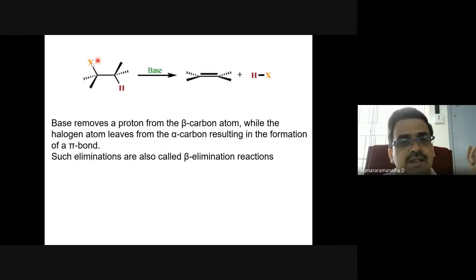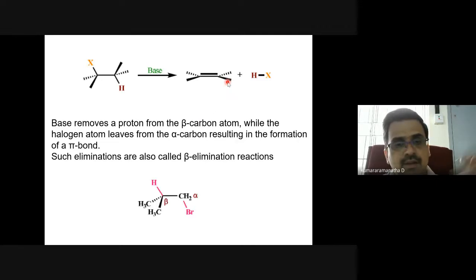You can see here, you have some molecules where the base removes the hydrogen on the beta carbon to form the corresponding pi bond. These are generally called beta elimination reactions. Many of you are already aware, directly bonded is called alpha, the one adjacent to that is called beta. So this hydrogen will be removed.